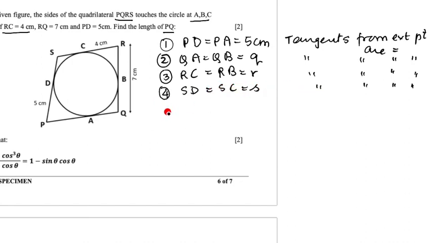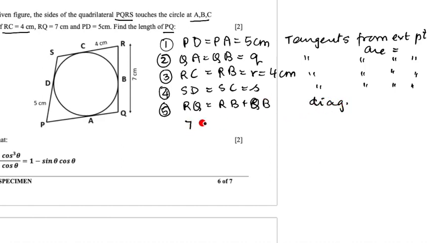Now we know that RC and RB are equal to small r, but RC is 4, so I'll write this as 4 centimeter. Now can you see your fifth statement? RQ is equal to RB plus QB, and that is because of the diagram.